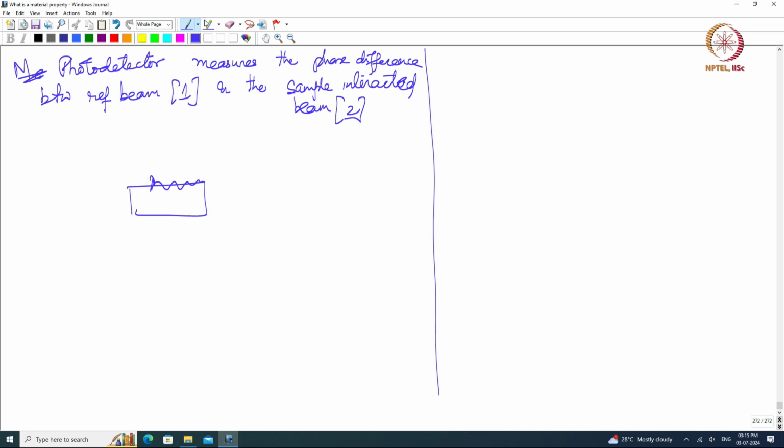So with time the Z of the sample is moving up, coming down, going up, coming down, and so on and so forth. So if I just plot the displacement of the sample with time, this interface position, that itself is vibrating up and down.